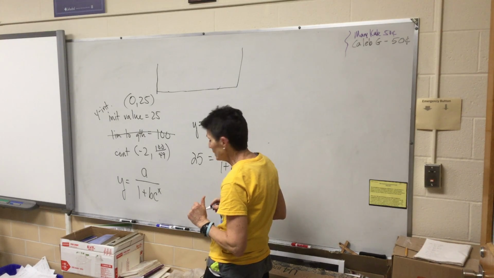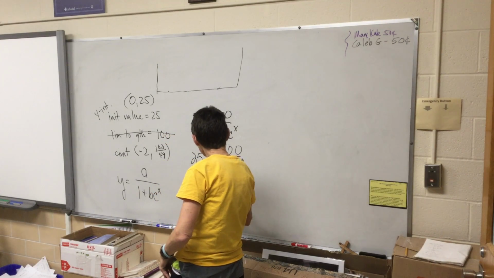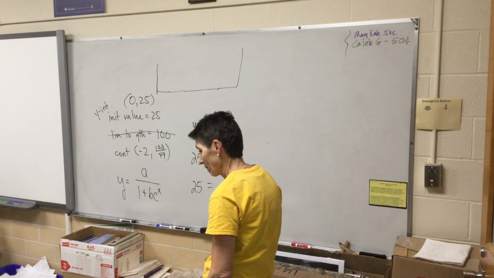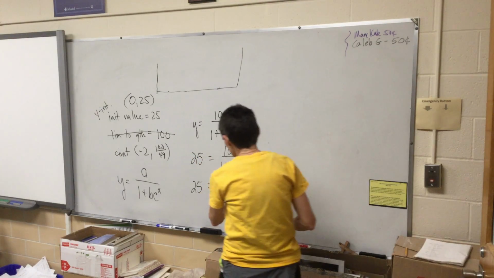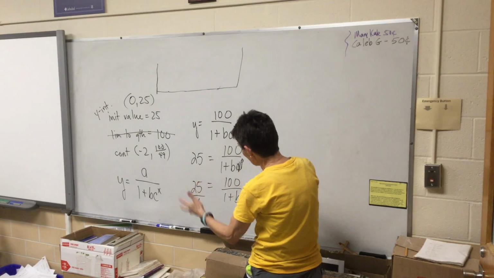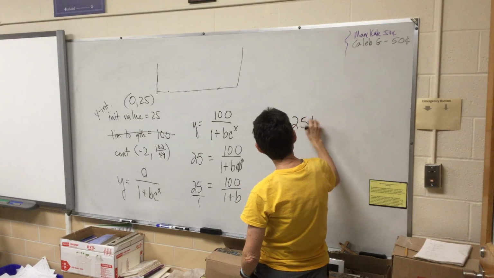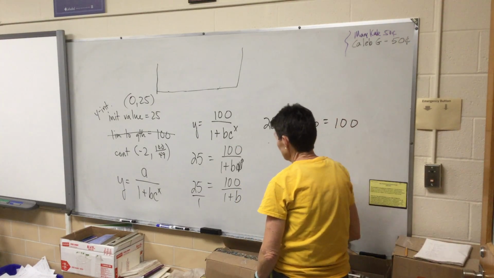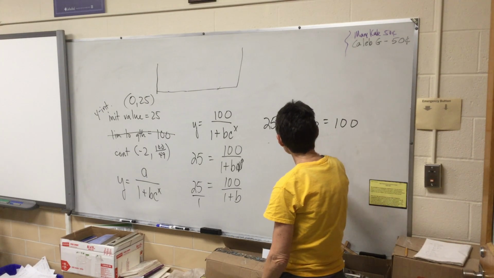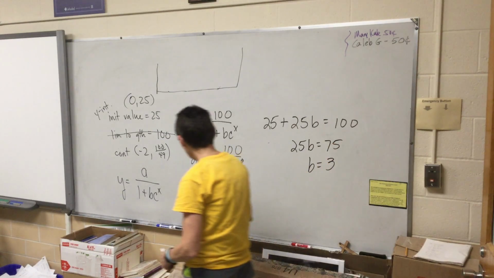It's a 1. So we have 25 equals 100 over 1 plus b. So cross multiply or bring this denominator over, or however you want to think about it. We have 25 plus 25b equal to 100. So 25b equals 75 and b equals 3.